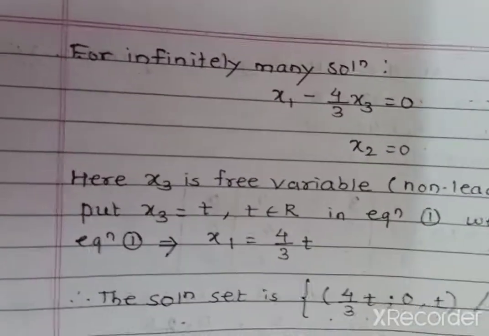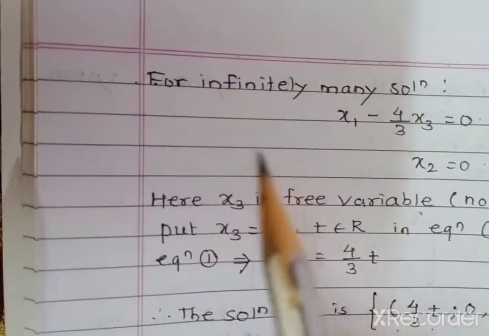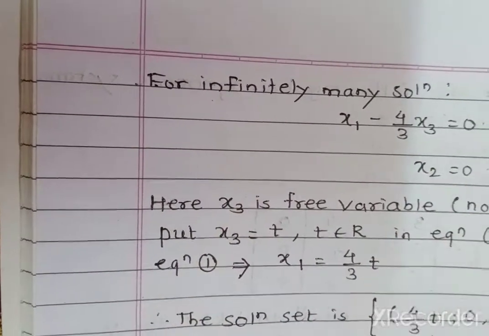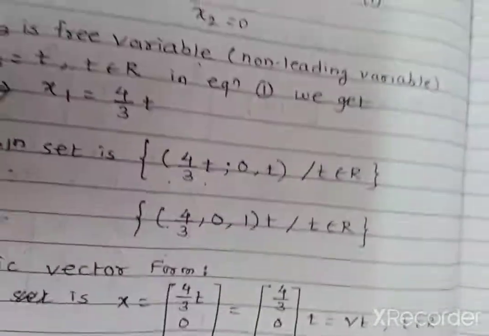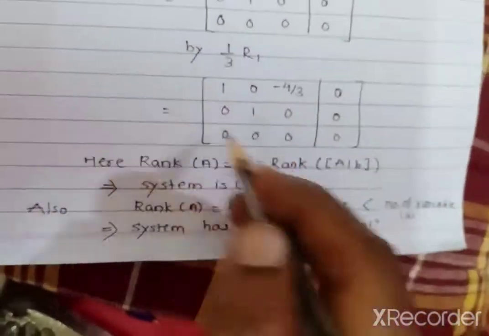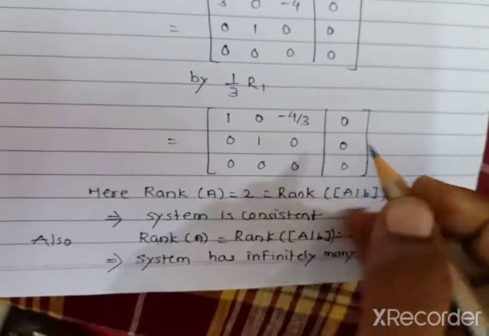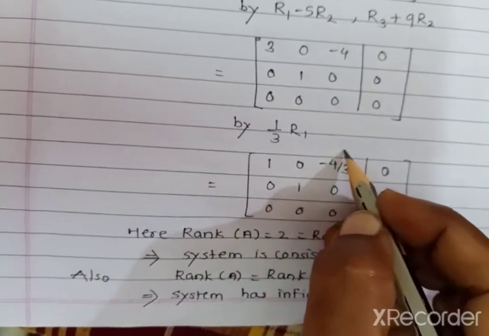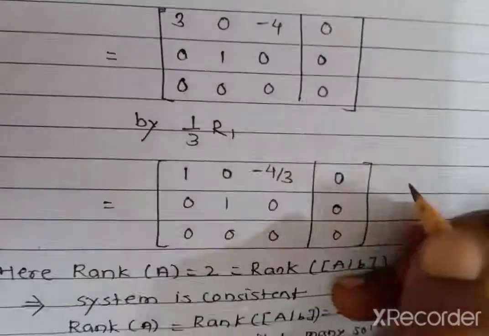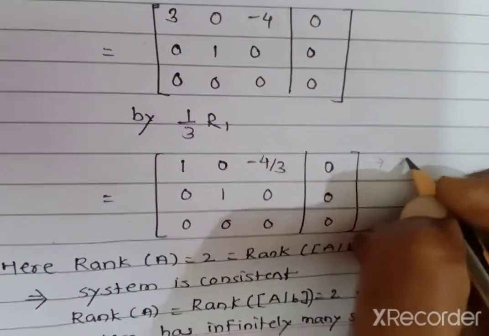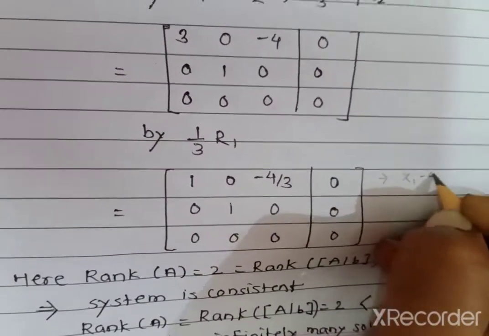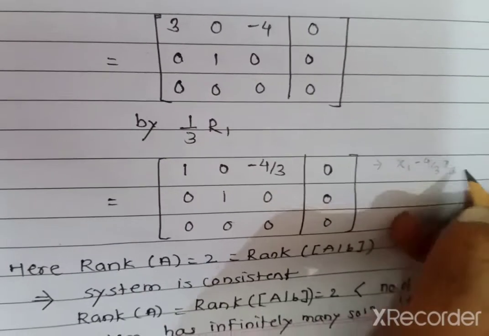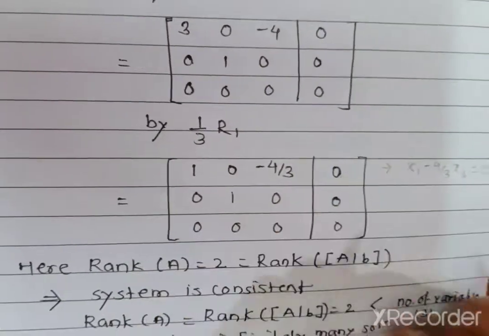So now we have to find out those infinitely many solutions. So for infinitely many solutions, we first of all write down the equations. We have to write down those equations from our reduced row echelon form matrix. So this is x1, x2 is a 0 and this is our x3. So our first equation we get here is x1 minus 4 by 3 into x3, which is equal to this 0.